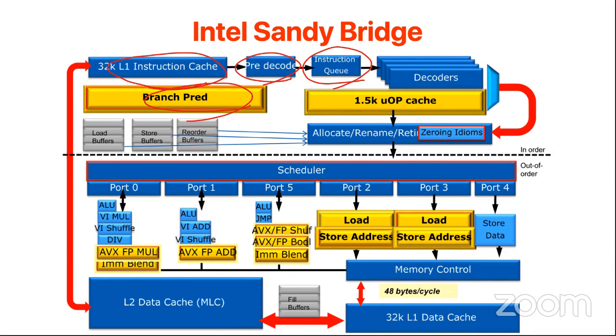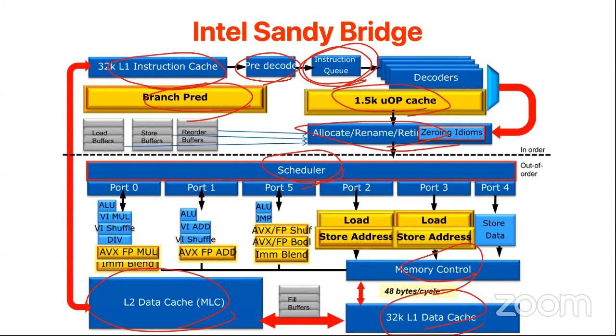And this instruction queue gets another decoder which tries to decode it to an even lower level instruction. And you have another micro op cache, and the allocator, renaming, and retirement logic is like the instruction queue plus the reorder buffer. And then you have the scheduling going to different pipelines. You have the L2, L1 cache, and the memory controller.